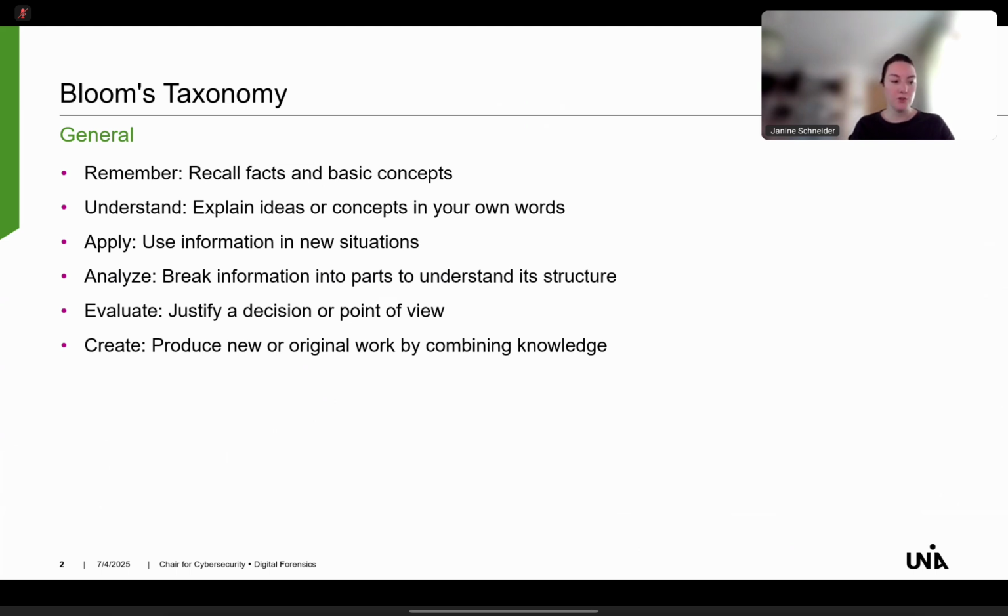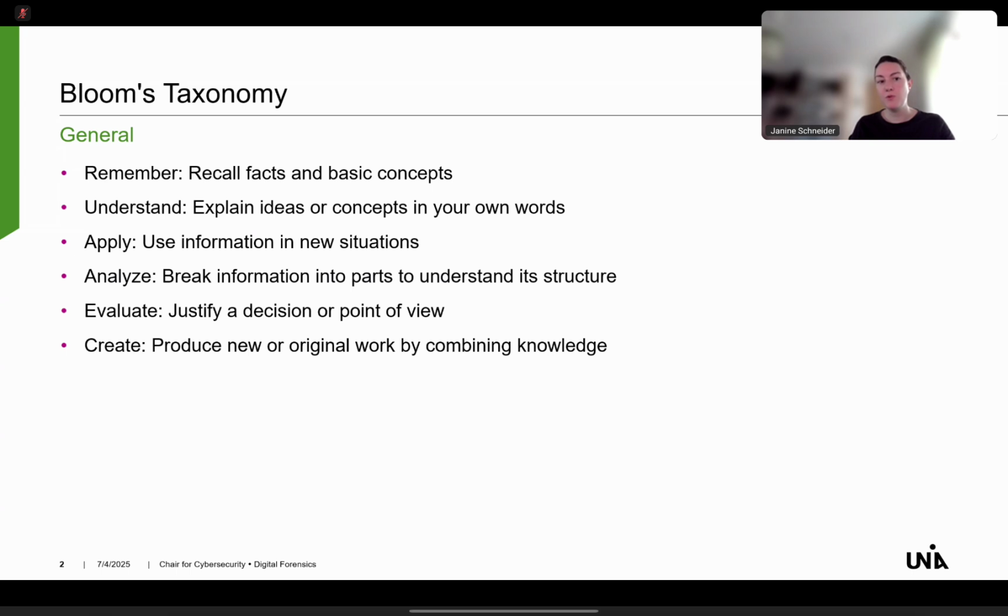As always, you should be able to define key terms and concepts in your own words, or explain certain ideas. In the case of this lecture, for example, you should be able to explain how hypotheses form.